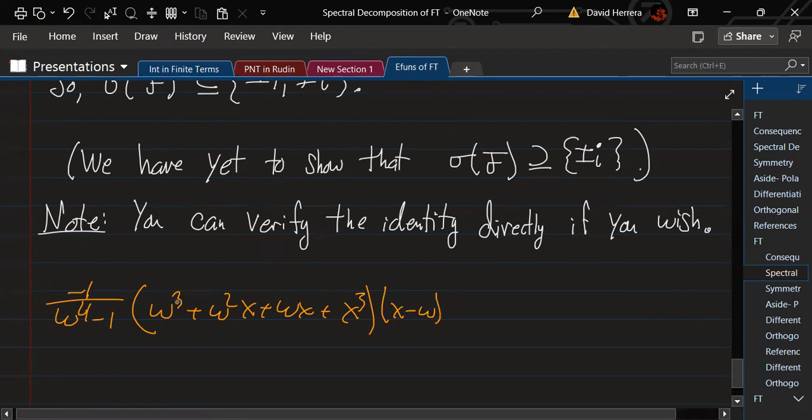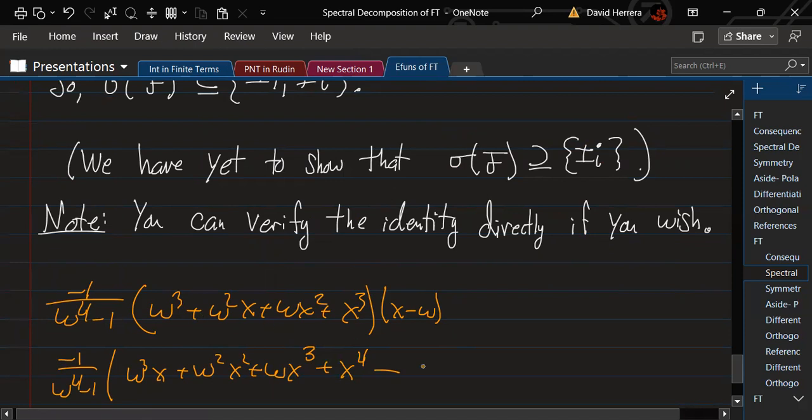So x minus omega, I'll distribute the x. So I'm just going to increase the x term on all of these. There should be a squared here.